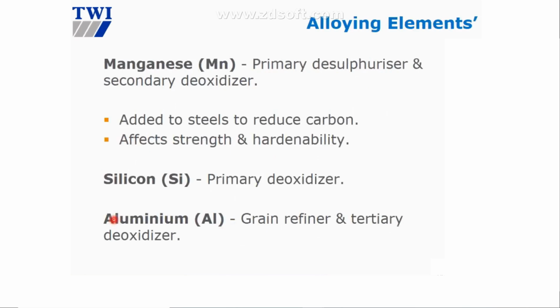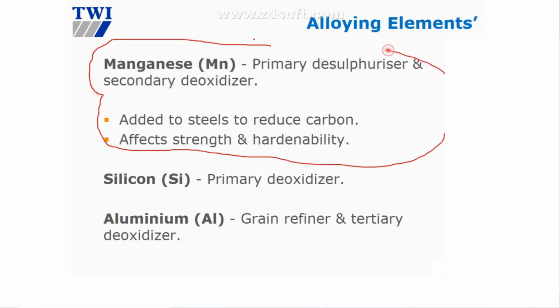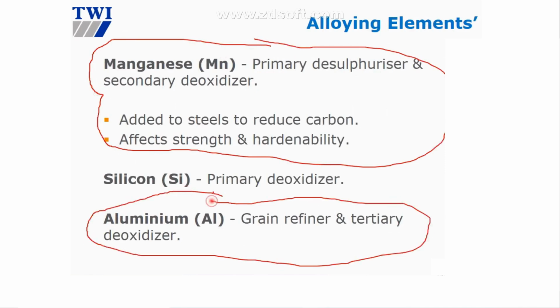All right, so you guys please memorize a bit about what manganese is for, right? And what aluminum is for? Maybe they will ask you. So manganese is a primary desulfurizer and also a secondary deoxidizer, added to steel to reduce carbon, and it will also affect strength.